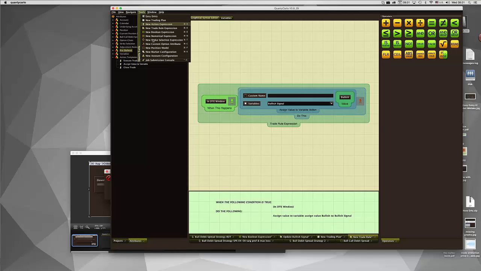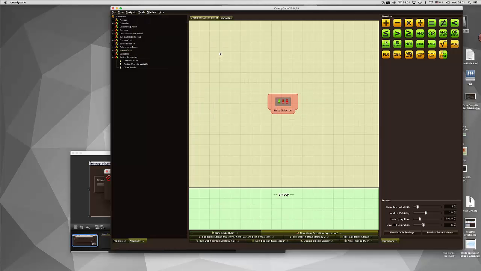Whenever you want to get the attributes, let's say the current premium, the current delta, the current theta of a particular option, I need to specify what strike I'm talking about, right?